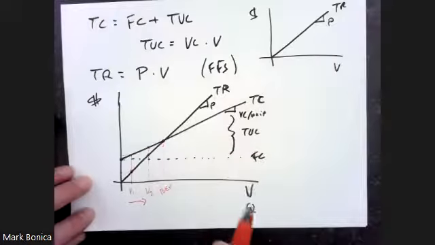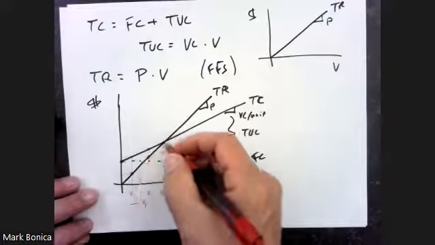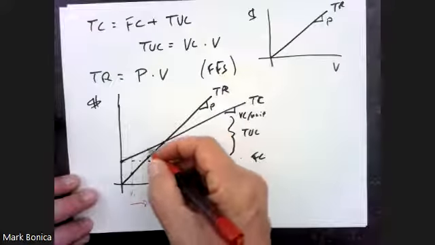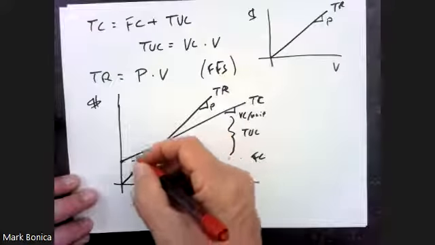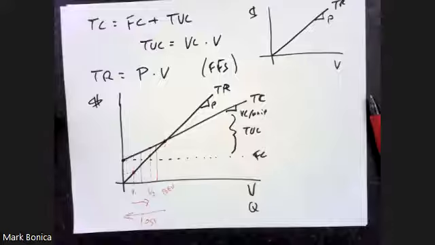When the total cost curve is greater than the total revenue curve, all of these points to the left, right? All of the points to the left of the break-even point are in what I call the zone of loss.